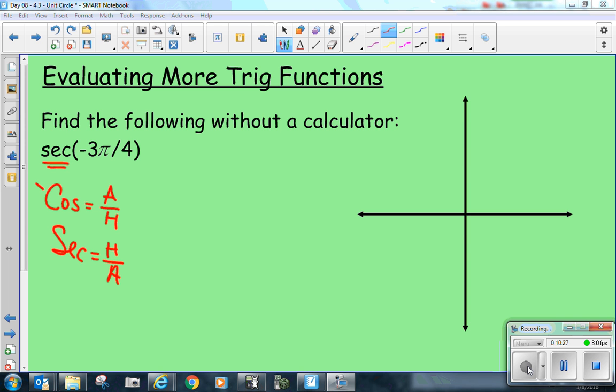Where cosine is positive, in the fourth quadrant, secant is also positive, because when I take a reciprocal of something, I don't negate it, I just flip the numbers. If it's positive, it stays positive. If it's negative, it stays negative. So to make life easy, we just have to figure out what this is in degrees. I know it's going to be negative.